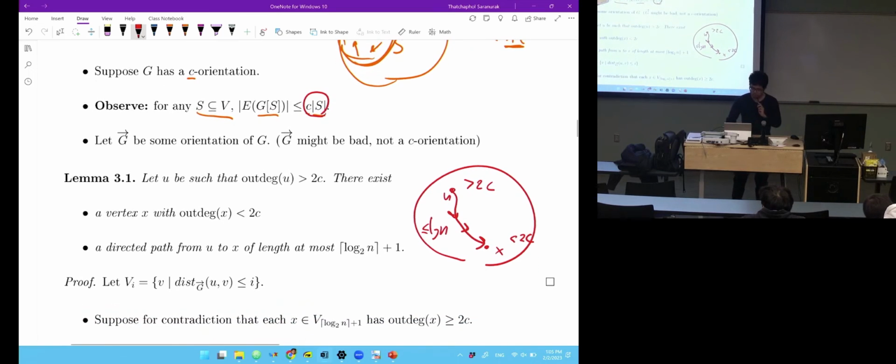The way to go is to define V_i to contain every node v such that the distance from u to v is at most i. So it's a ball around u of radius i, but this is a ball in G arrow, a directed ball.